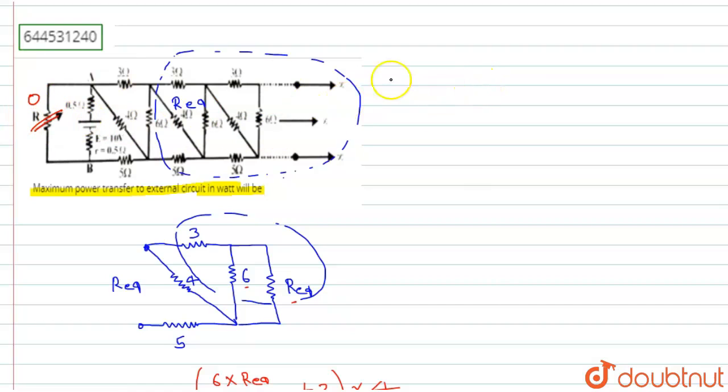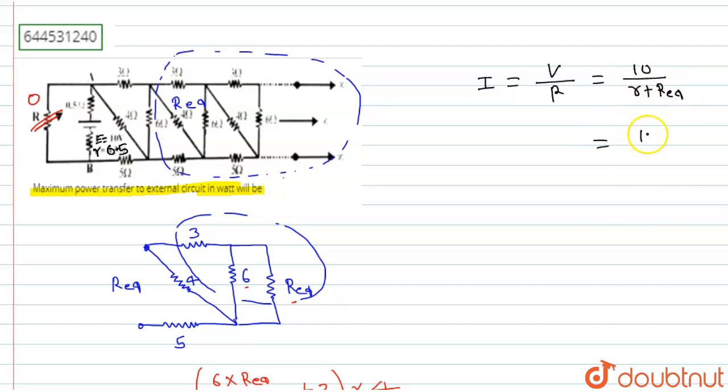Current I is equal to V divided by R. According to this question, E is given as 10 volt, and the internal resistance is given as 0.5 ohm. So I is equal to 10 volt divided by the total resistance, R plus R equivalent, which is 10 divided by 0.5 plus 0.5. Clear?